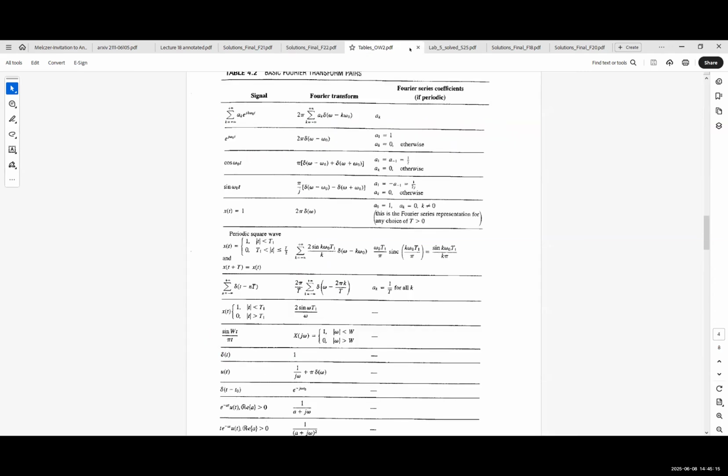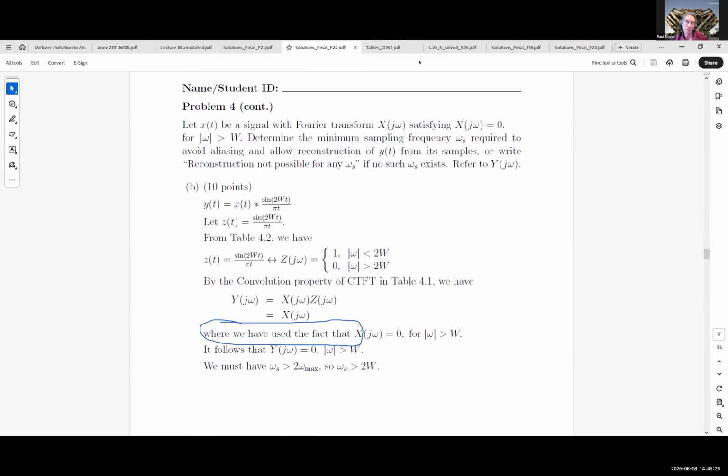How again did we get it so that the omega is only positive if it's less than just w? If you go back to the problem, how do we do it again? That x of j omega equals 0 for omega just greater than w?